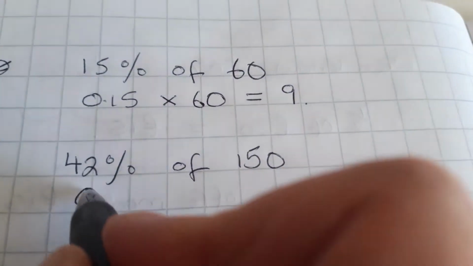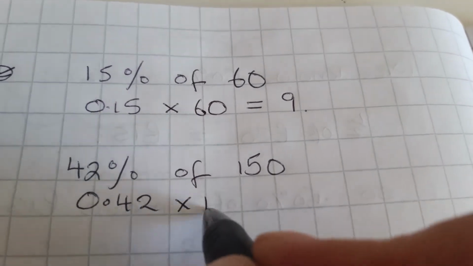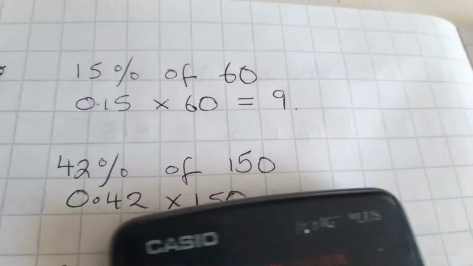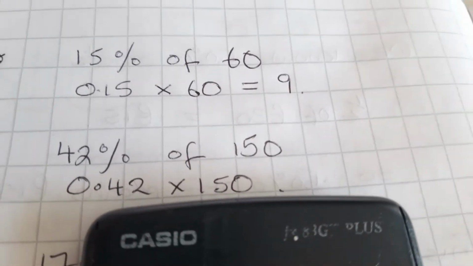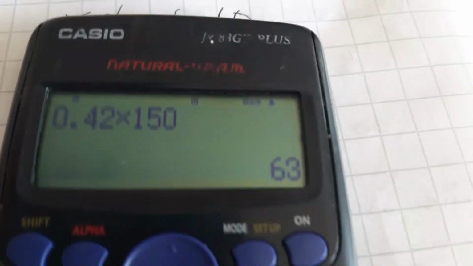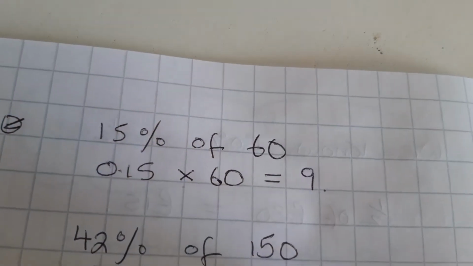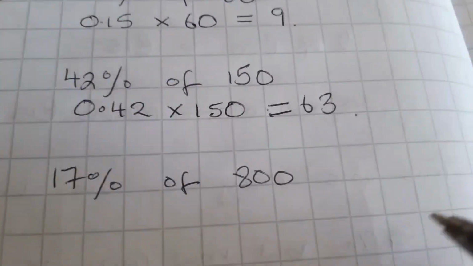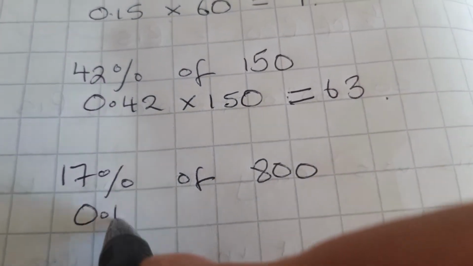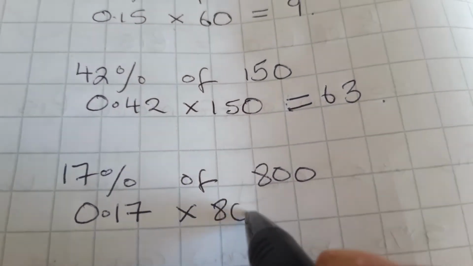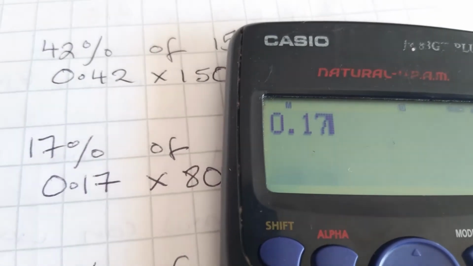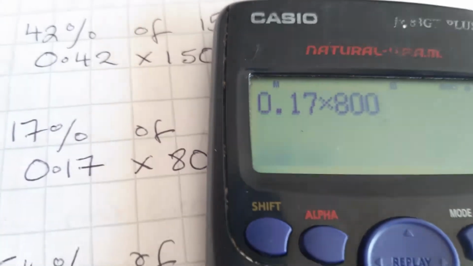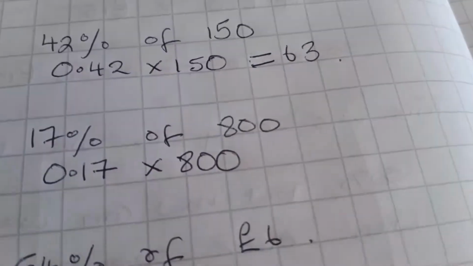Next one, 0.42 times 150. You can see we have changed to a decimal and we're multiplying by 150. And this time we get 63. Then 0.17 times 800. Same thing again. 0.17 times 800 equals 136.